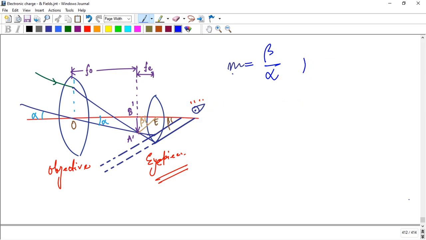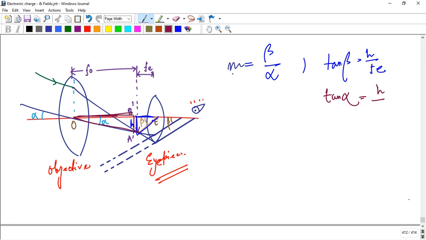From the derivation, tan beta is equal to h by fe, from this triangle. And now tan alpha, from this triangle, is equal to h by f naught. These two lengths are f naught.